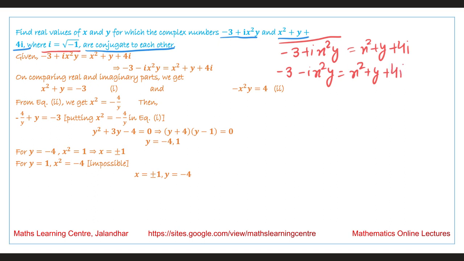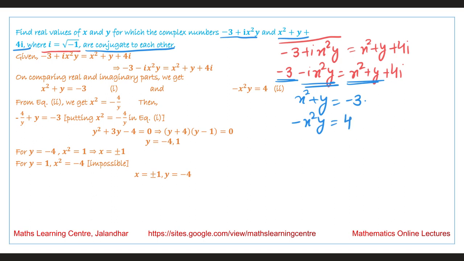So we get minus 3 minus iota x square y equal to x square plus y plus 4 iota. On solving this, the real part is x square plus y is equal to minus 3, and the imaginary part is minus x square y is equal to 4.